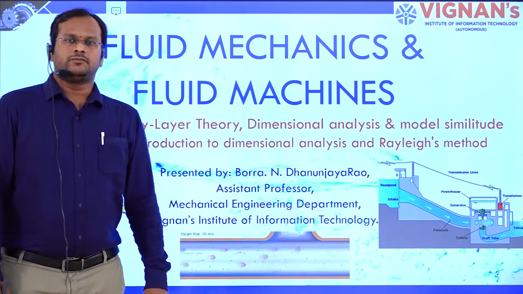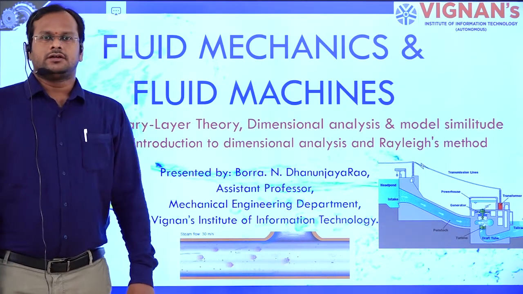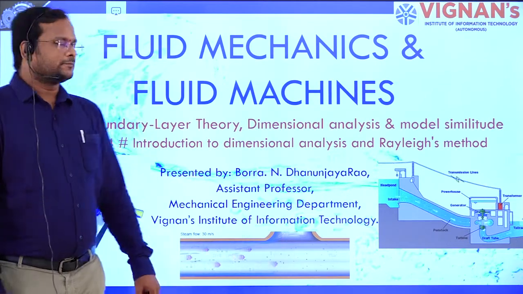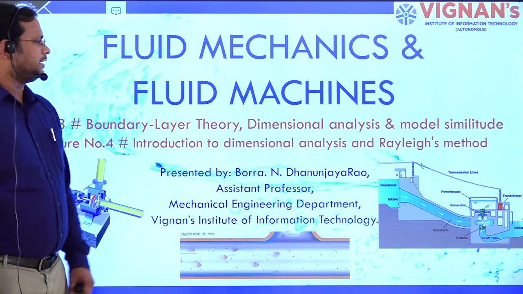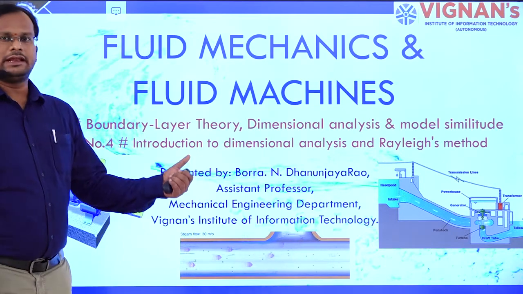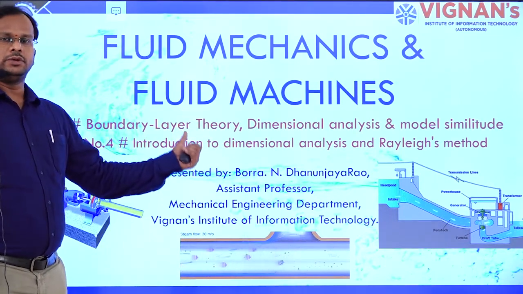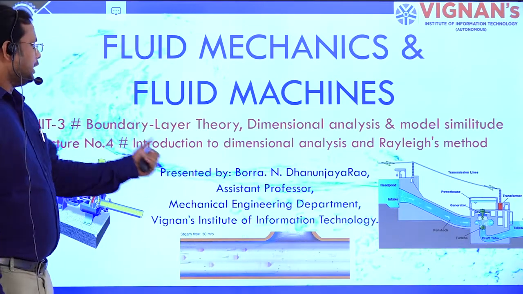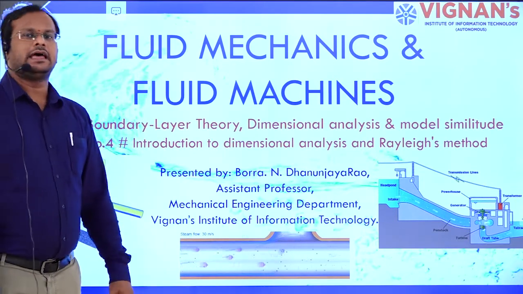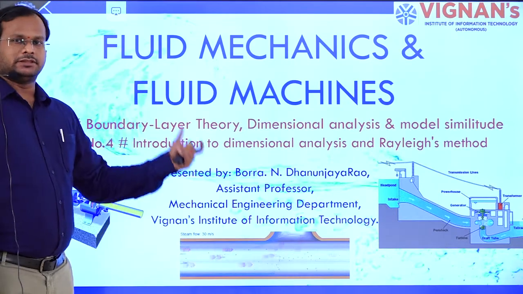Today we are covering the topic from unit number 3, that is boundary layer theory, dimensional analysis and similarity. In this unit we are covering the topic introduction to dimensional analysis and Rayleigh's method.